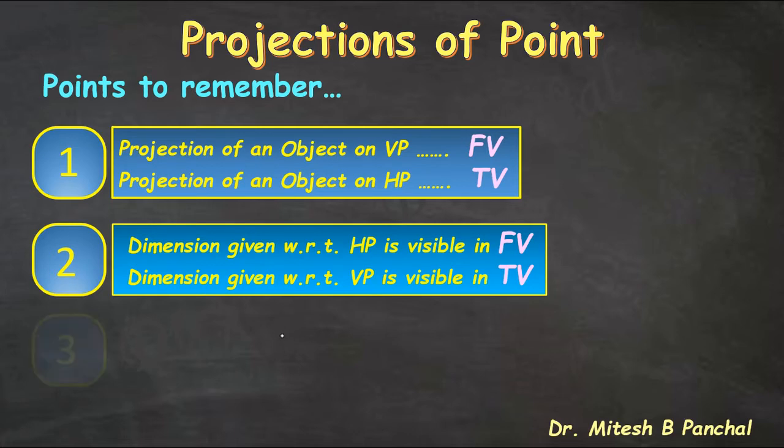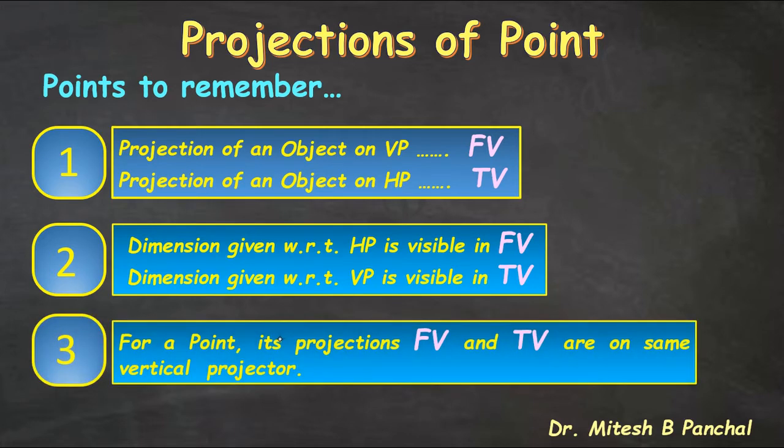The third point is related to projections, mainly the front view and top view. And the third point is that for a point, any single point, its projections, front view and top view, are on the same vertical projector. These three points are important to solve the problems related to the projections of point.